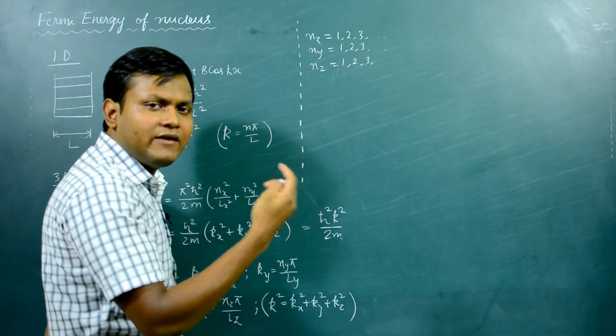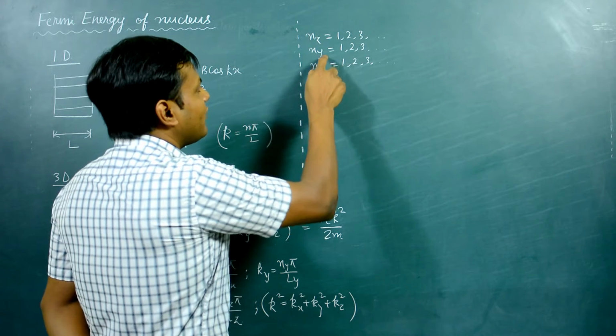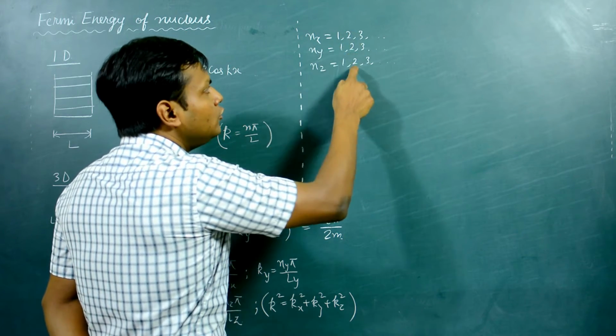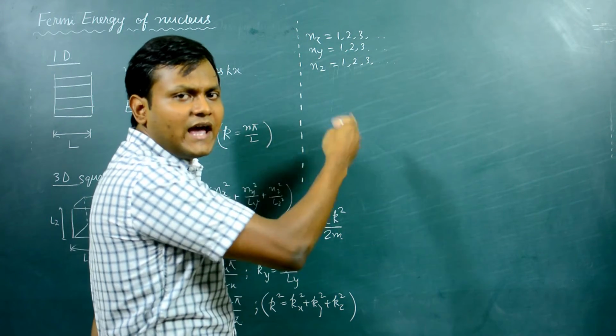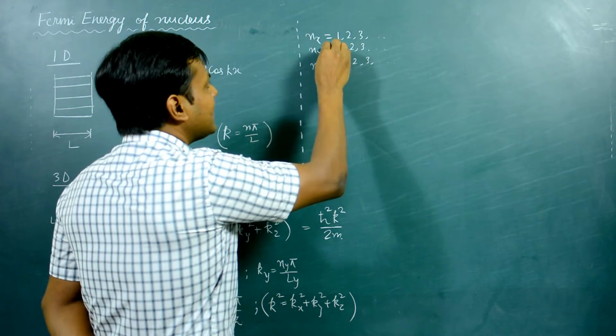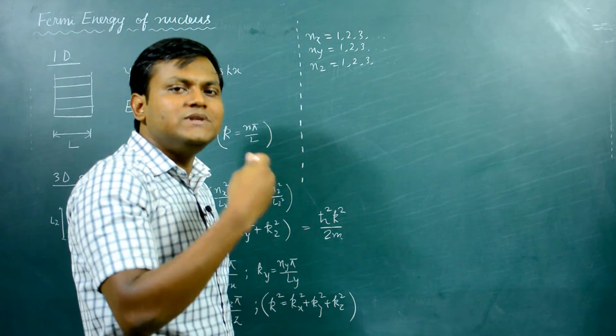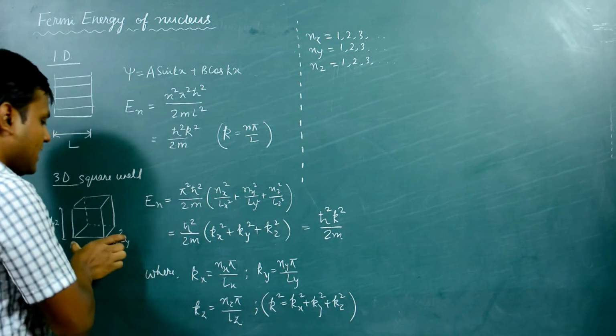Basically, you can have an energy level with nx, ny, nz having values 1, 1, 1 or 1, 2, 1 or 2, 1, 2 or 3, 1, 3. Any combination of nx, ny, nz out of these allowed integral values will correspond to some distinct energy level in this three-dimensional potential well.